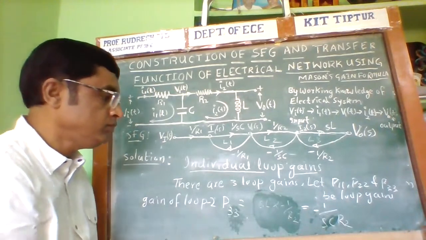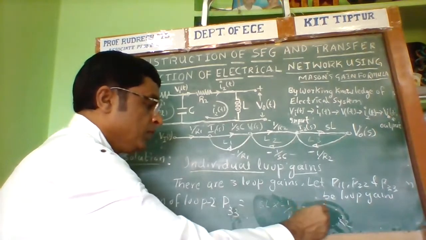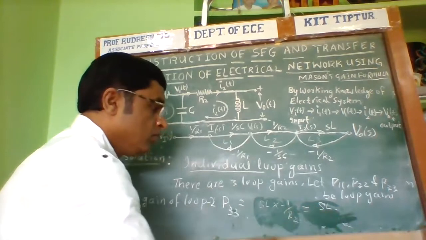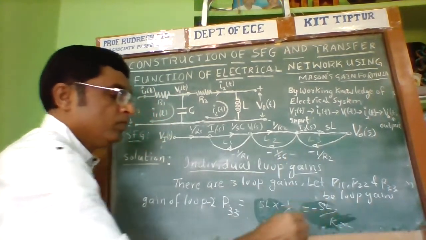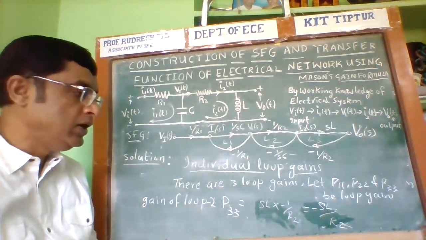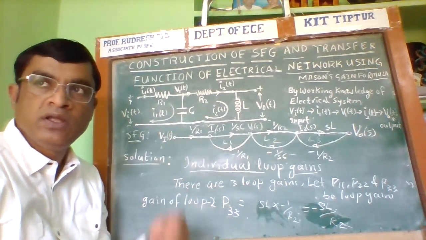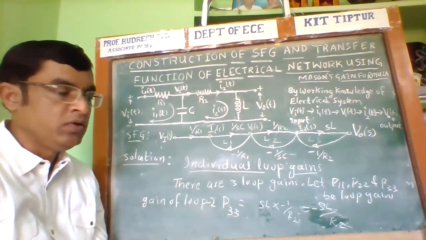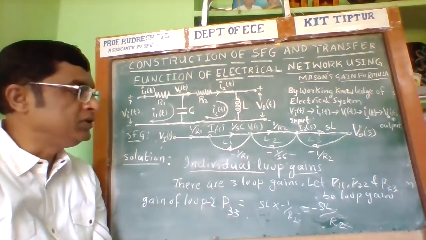Therefore, the final value is SC into L divided by minus S into R divided by R2. This is the gain of loop 3. Similarly, if any other loops are present, you have to identify them and calculate their gains, naming the loop gains P11, P22, P33.